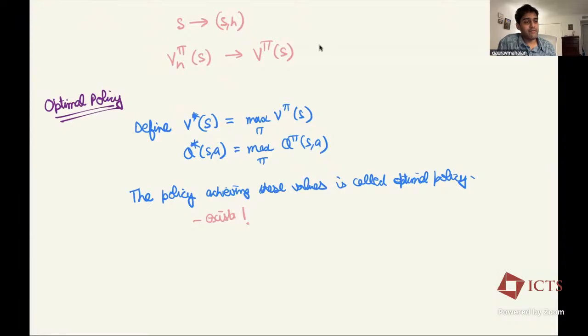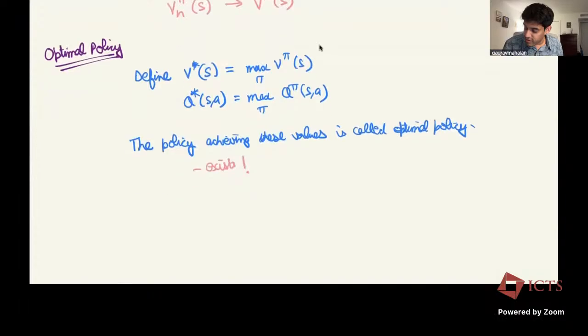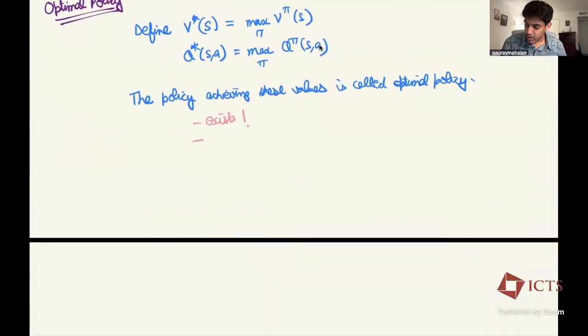And the policies might not be unique. That's true, these policies might not be unique, even though the V star and Q star functions are unique.